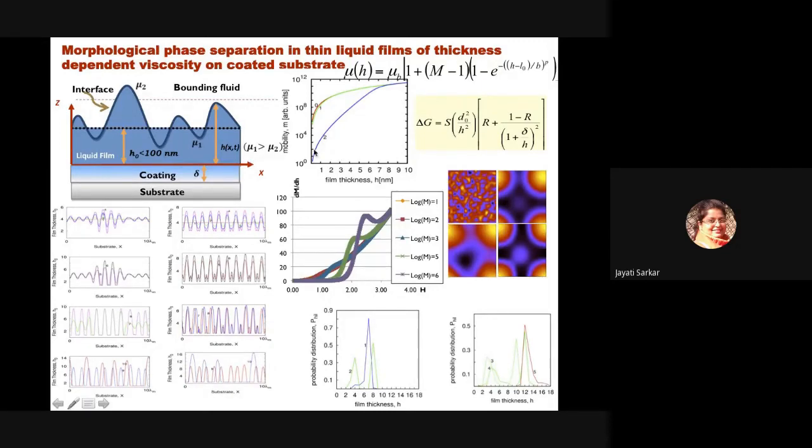Here the mobility is low where the thickness is very small, and where the thickness is very high, the mobility increases. The viscosity behaves similarly: it is very high at the bottom and very low at the top.